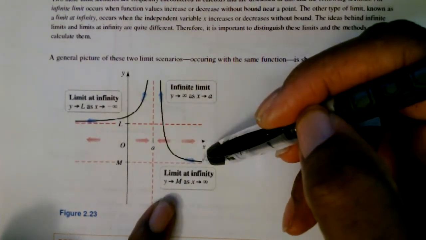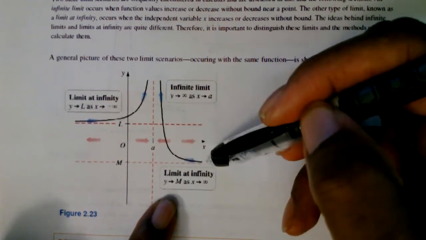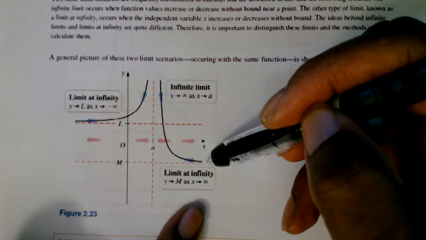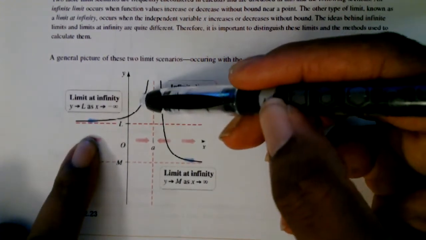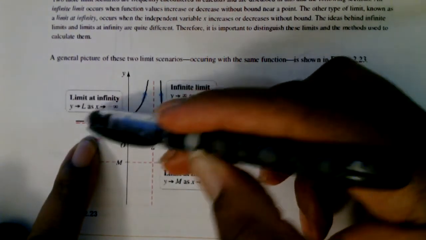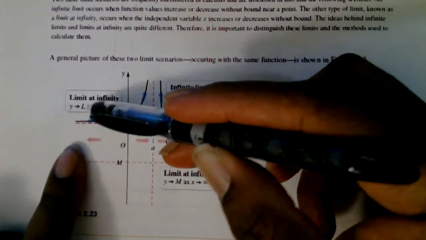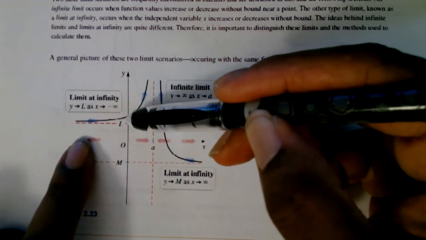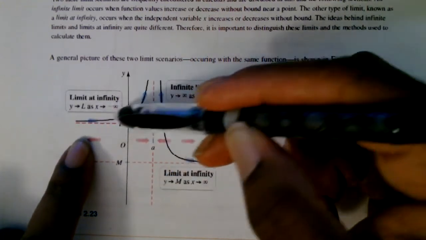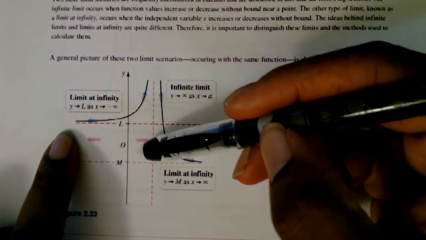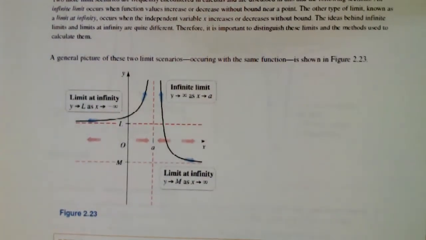It probably won't get to m, but it's getting closer and closer to m as we let x go off to infinity. Now, if we let x go to negative infinity, that means we let x get smaller and smaller, then the graph of y gets closer and closer to some value of L. It might not reach L, but it'll get closer and closer to L.